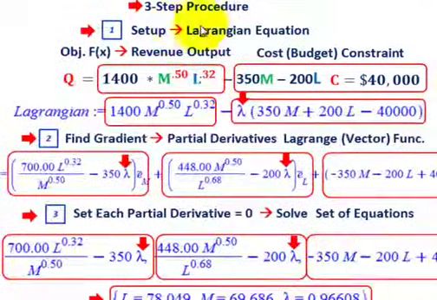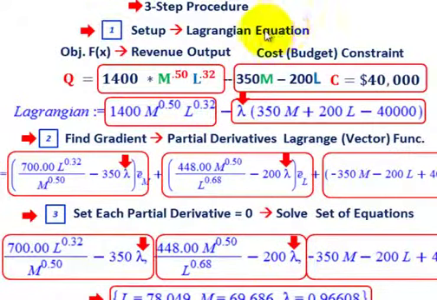So for the first step, you set up your Lagrangian equation. In this case, remember, we're dealing with revenue or output, certain units, and revenue per unit times material and labor quantities raised to some exponent. That would be our objective function as far as our revenue or output, in terms of Q. Then we subtract from it our cost, in this case the budget constraint.